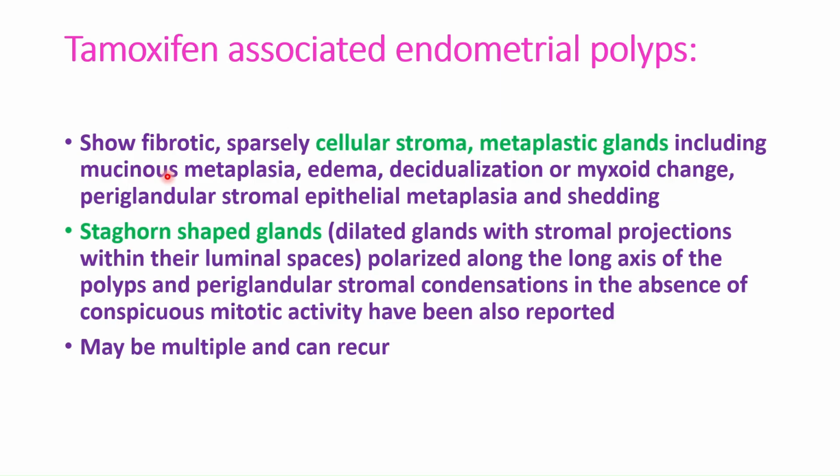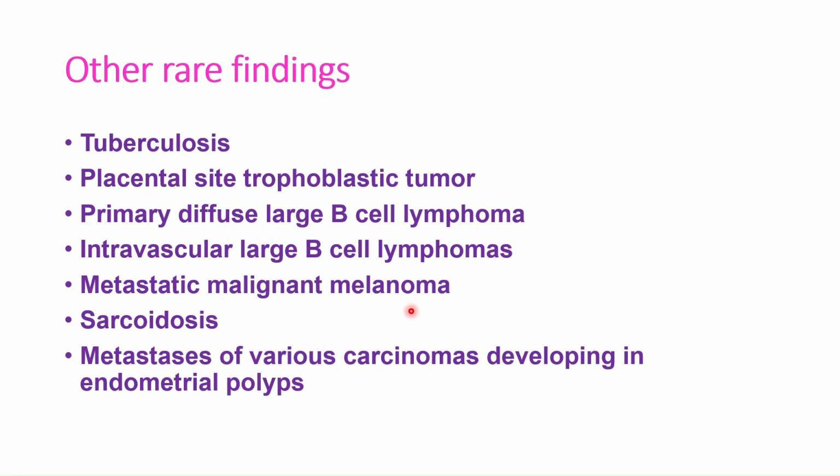Right? So, fibrotic stroma, metaplastic glands, staghorn-shaped glands polarized along the long axis, mitotic activity is generally low, and periglandular stromal condensation. So, these are the features in the tamoxifen-associated endometrial polyp. This treatment is mainly for the breast carcinoma patient.